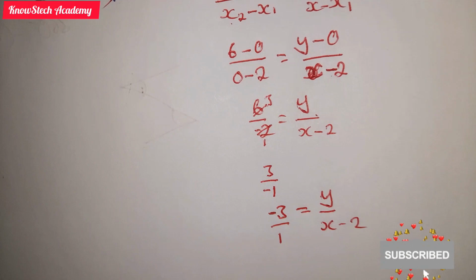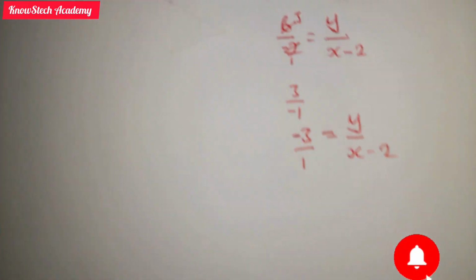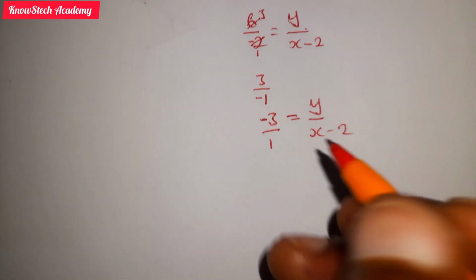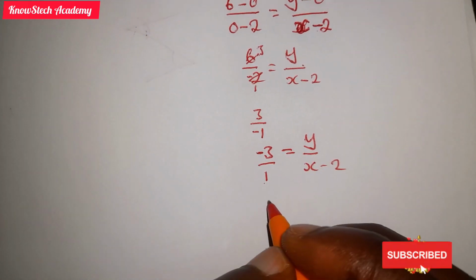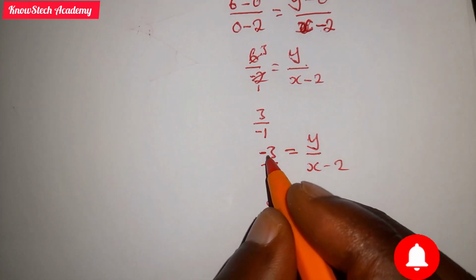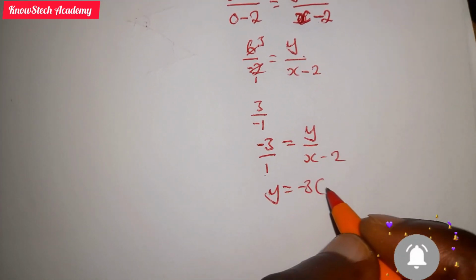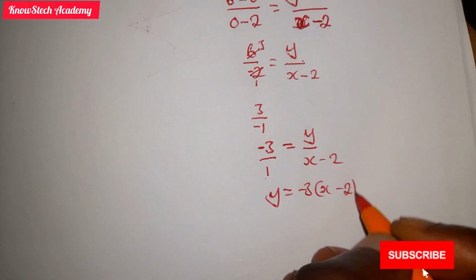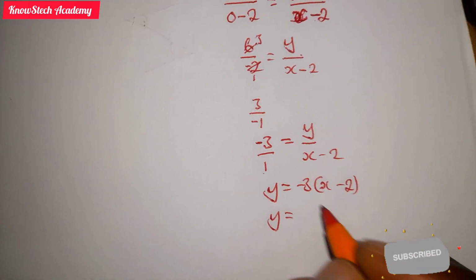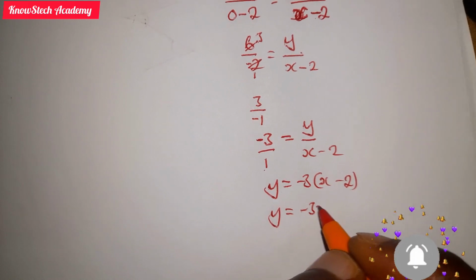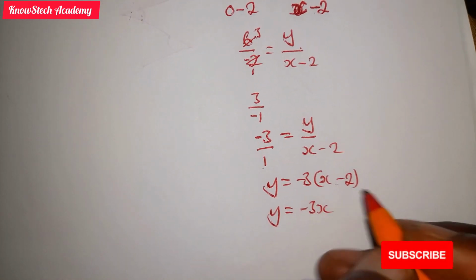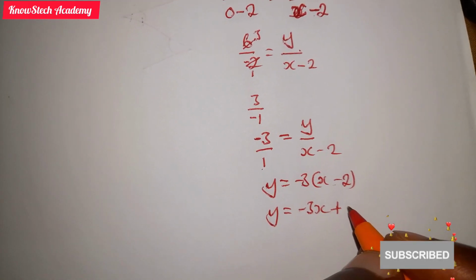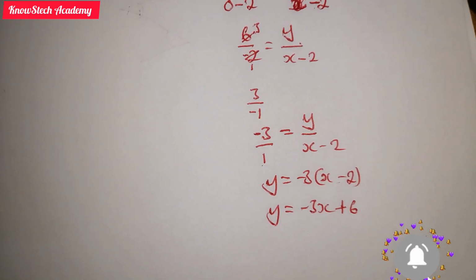Let's put over 1 here so that we solve nicely. When we cross multiply, 1 times y will be just y is equal to negative 3 multiplied with x minus 2. So y is equal to negative 3x, negative times negative is positive, 2 times 3 is 6.